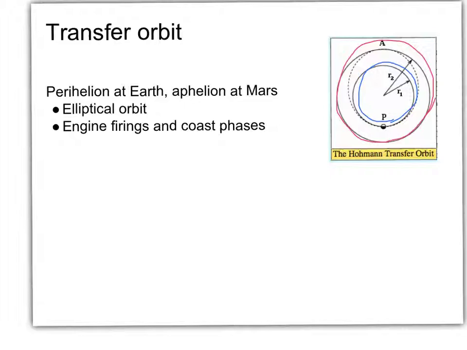And what we're doing with the spacecraft is putting it onto its own elliptical orbit where the perihelion, closest point to the Sun, is starting out on the Earth, and the aphelion is going to end up at Mars.